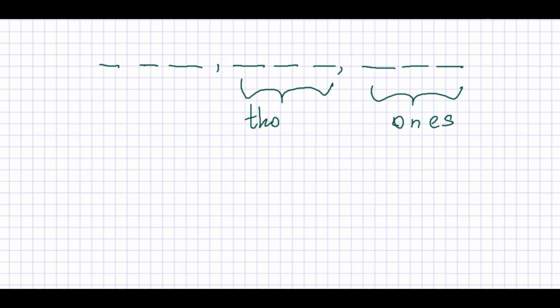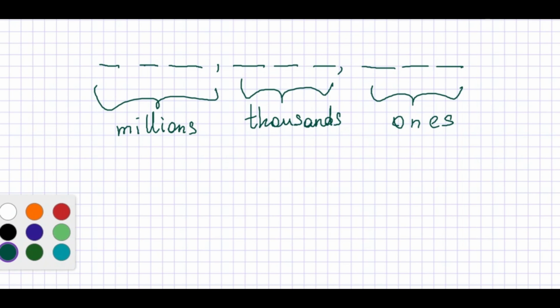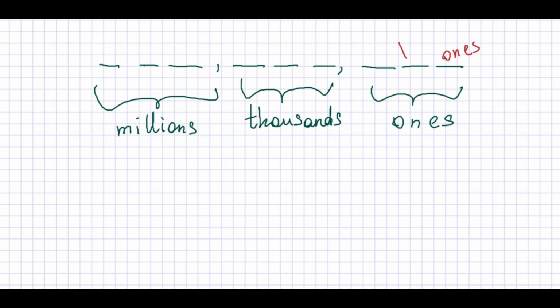This is the thousands period again with 3 places. And this is the millions period with 3 places. And in each of them we have ones, tens, and hundreds.